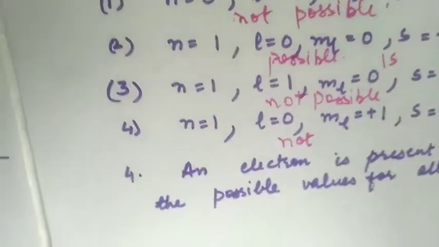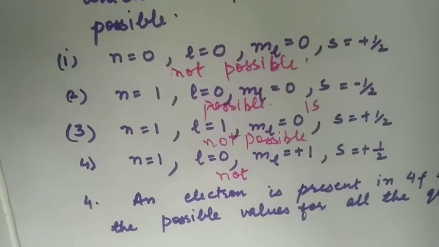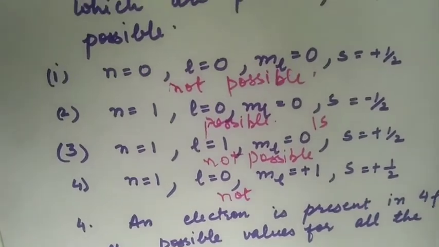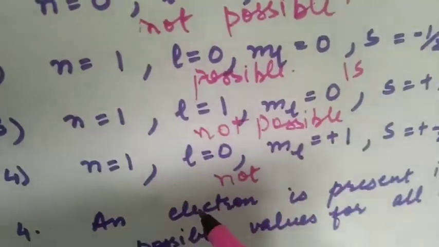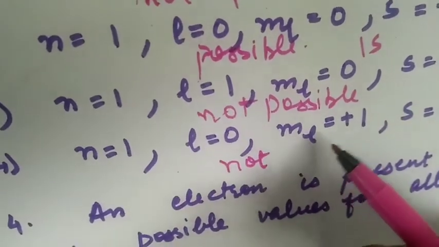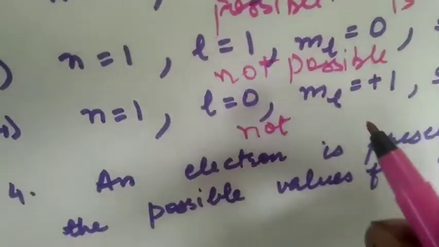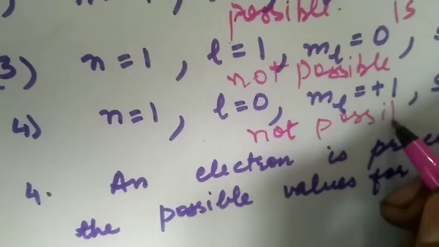It is always less than n. Then fourth, n is equal to 1, L is equal to 0, ML is equal to plus 1. ML can have values from plus L to 0 to minus L. So L is 0, ML can be 0 only, not plus 1. So it is also not possible.